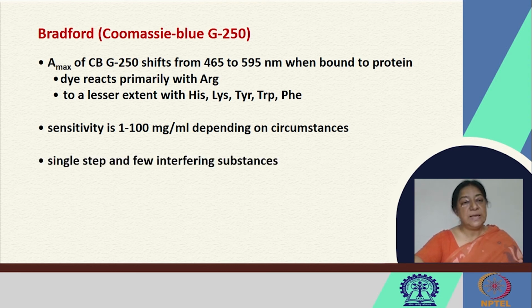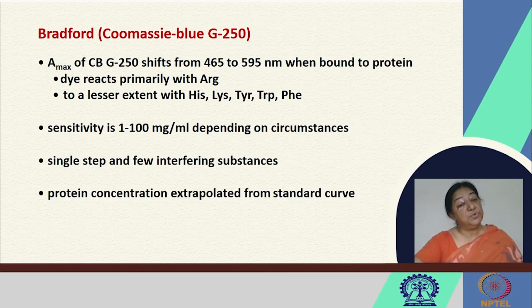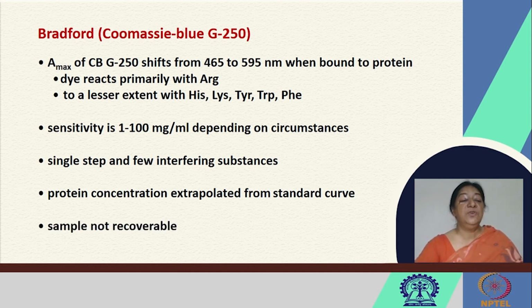It is a single step, with fewer interfering substances, but we cannot recover the protein. We can find the protein concentration from the standard curve, but we cannot recover the protein. So this is usually checked by a drop to see whether the proteins are being eluted from the column.